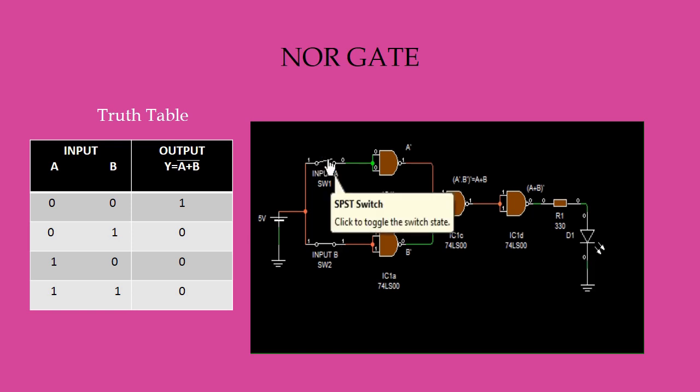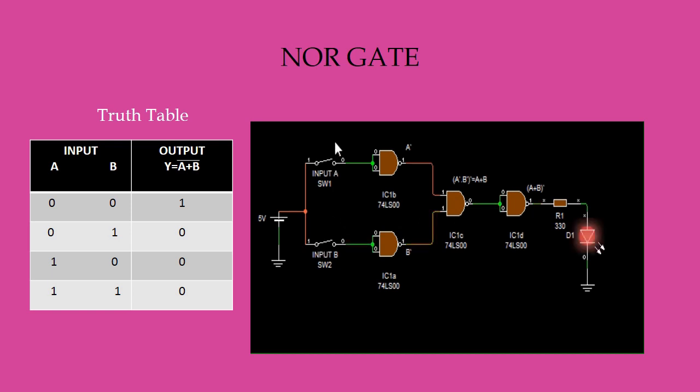Now the 1 0 condition means when input A is 1, switch 1 is closed, input B is 0, that means switch 2 is open. So this is 1, this is 0. This 1 is connected with this NAND gate circuit or inverter circuit. So from here we get 0 and this 0 is connected with this inverter circuit.